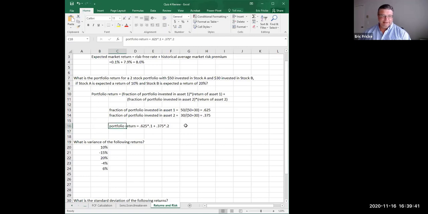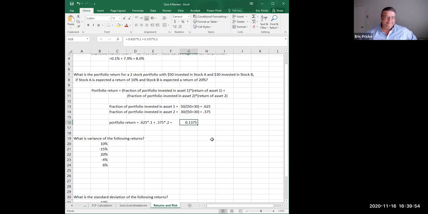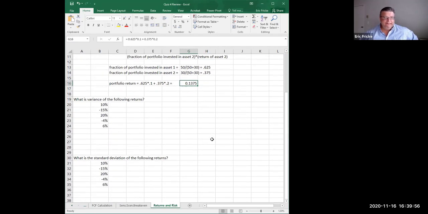Let's see what that equals. So it looks like 0.1375. So that's our answer for that problem, 0.1375. Okay.